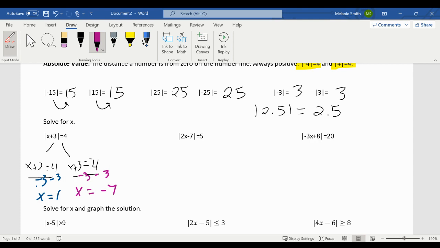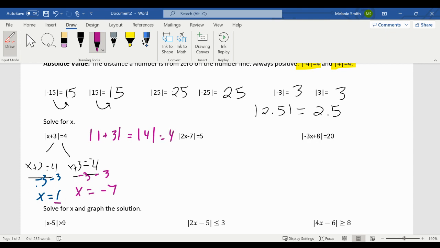So if we go back and put those numbers back in, let's see how this works out. If I make x equal to 1, the absolute value of 1 plus 3 is the absolute value of positive 4, which is 4.